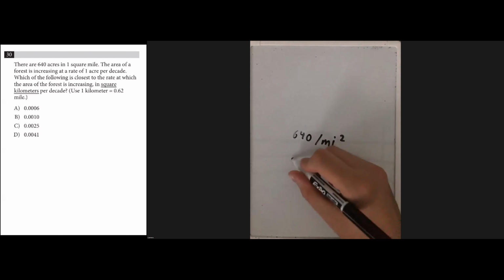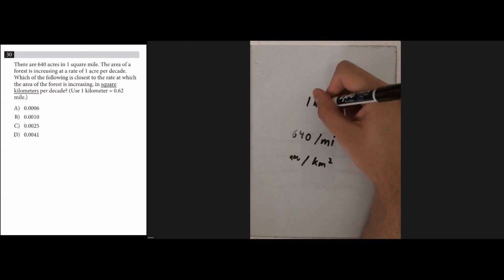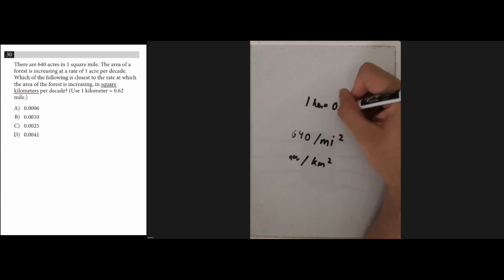So we're given 1 kilometer is 0.62 miles. And so we need to translate this. So we take the square root.